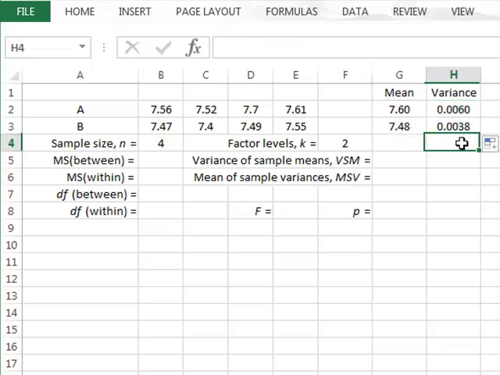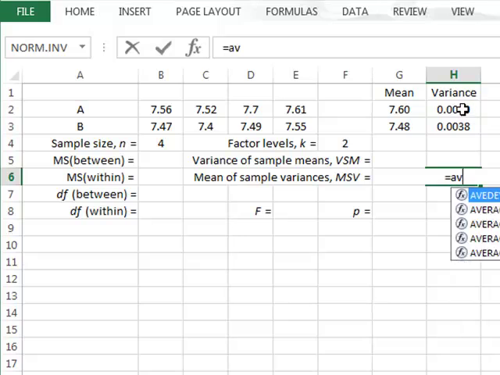river B. The variance values give a measure of the experimental uncertainty in the data, but we can get a better overall estimate of the uncertainty by calculating in H6 the average of these two variances, or the mean of sample variances, MSV, just by taking the average of these two values.